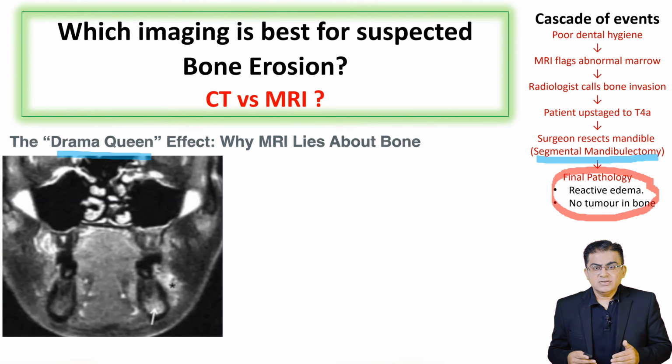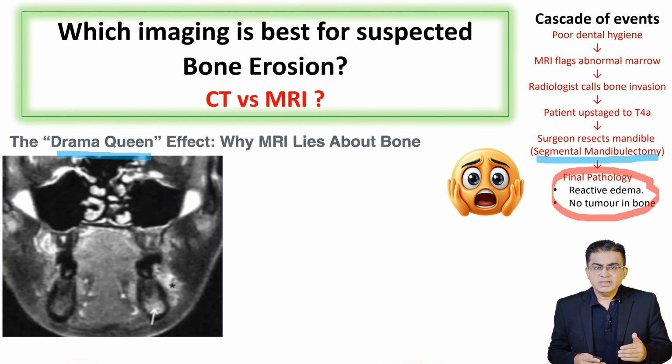Remember, because of the drama queen effect of MRI, that enhancement in the mandible shown with the white arrow could just be fluid from a bad tooth next to the tumor. This is exactly why we need the truth teller, and that is your CT scan.